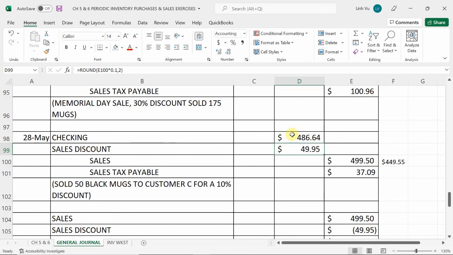Because think about it: I'm going to add up my two totals for my credits of $499.50 plus my tax of $37.09, but I'm going to subtract my discount amount of $49.95, which should give you the same exact number.